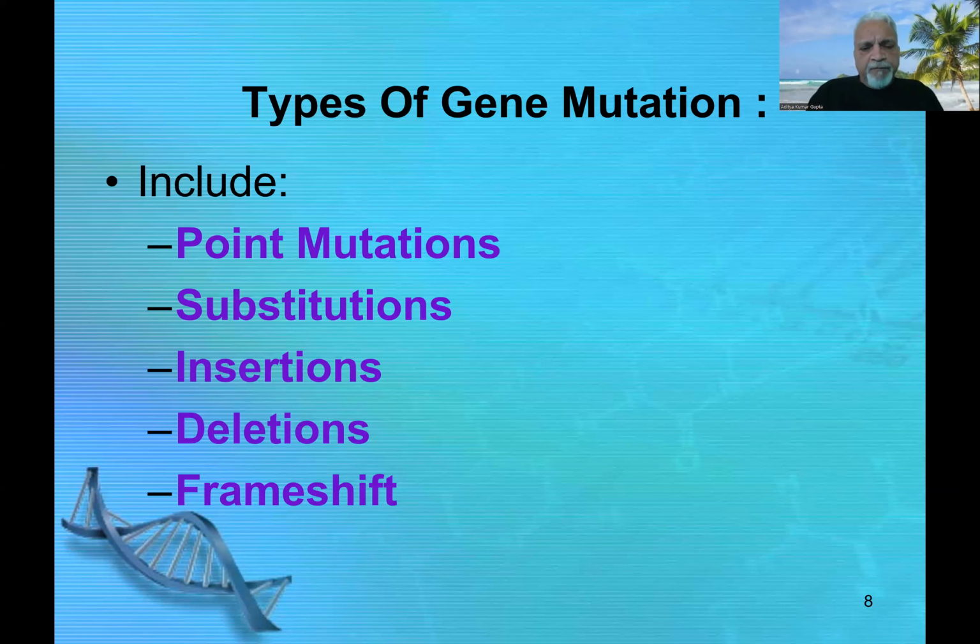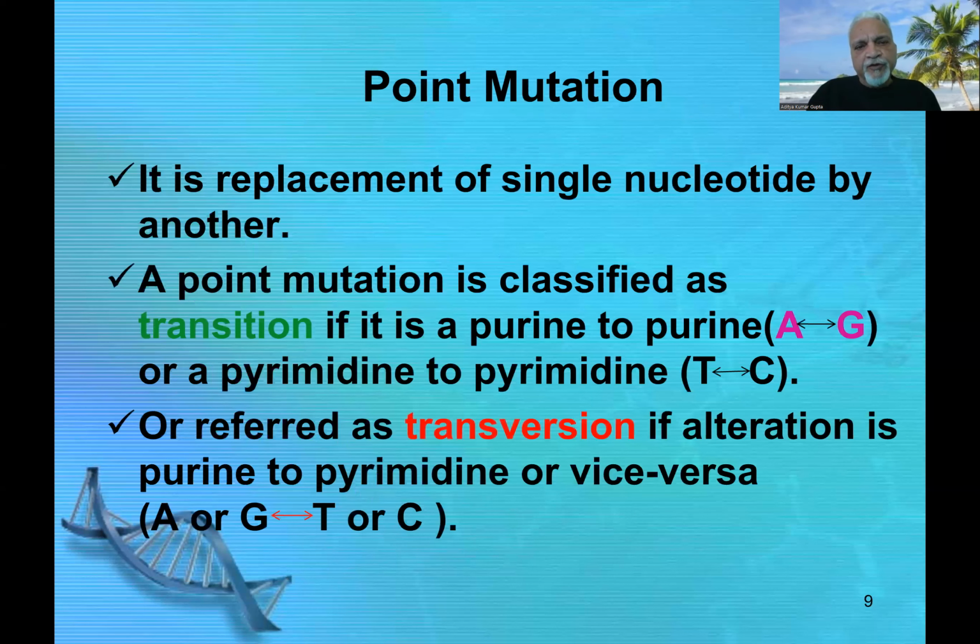So let us first look at what are these point mutations. In point mutations, a single nucleotide is replaced. Just one nucleotide is replaced. For example, this change can be purine to purine, meaning A to G, or pyrimidine to pyrimidine.